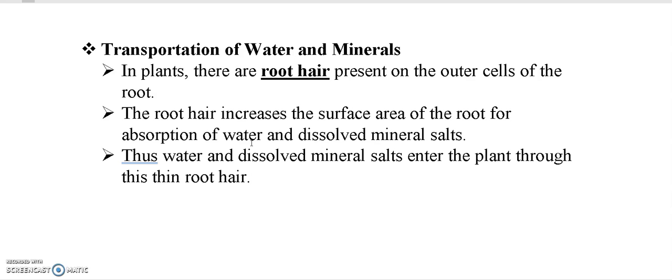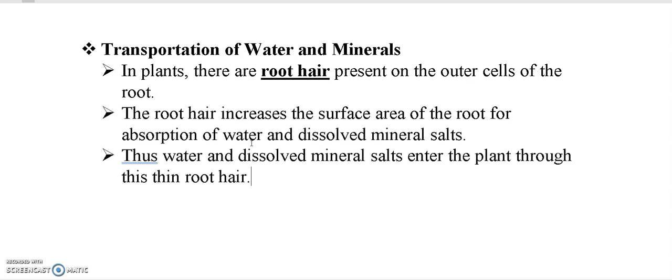Now this absorption of water and dissolved minerals happens by one process, and that process is called osmosis. As I just told you, this is how the water and dissolved minerals enter the plant, but this entering, this movement, this transportation, not transportation, movement, at this stage it is movement.